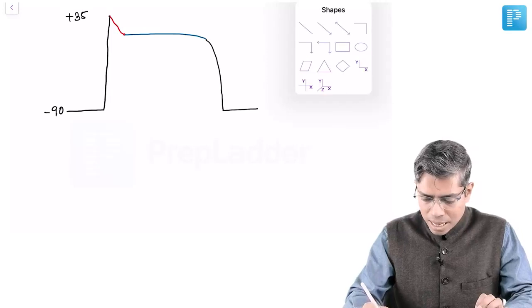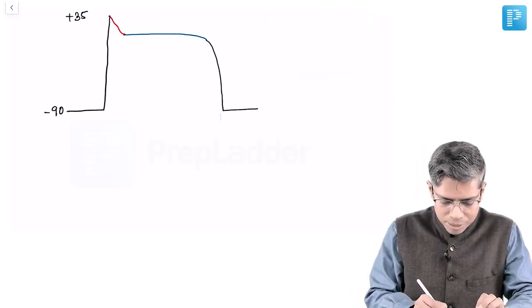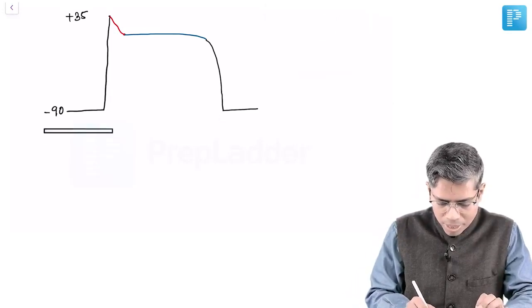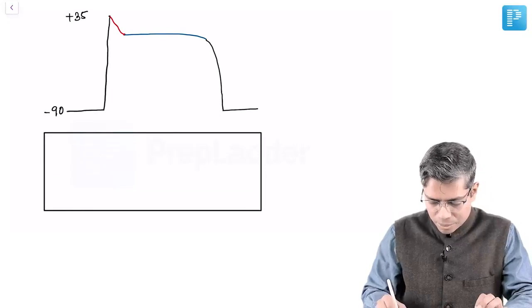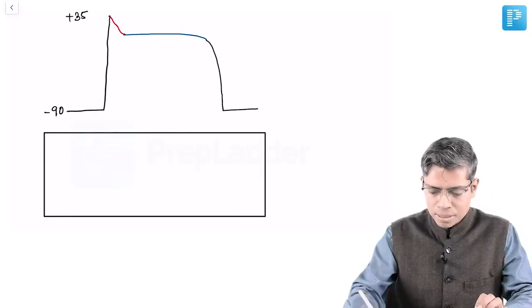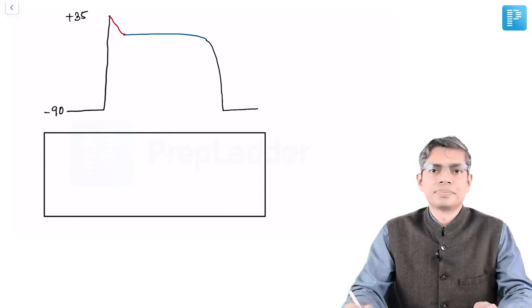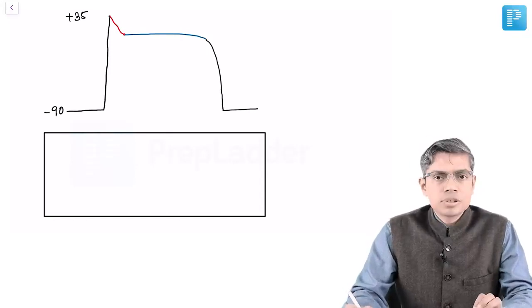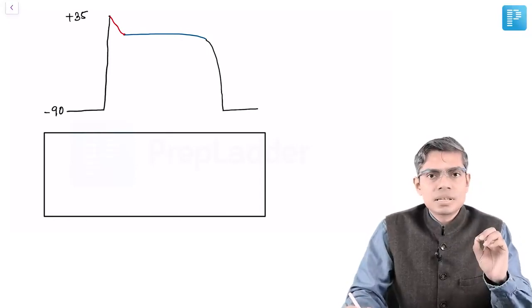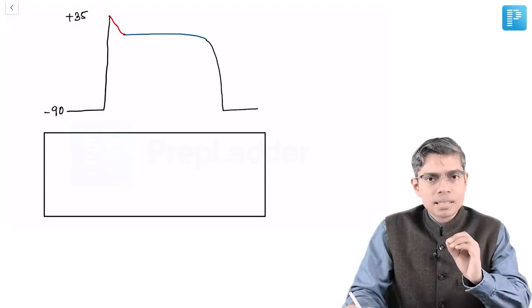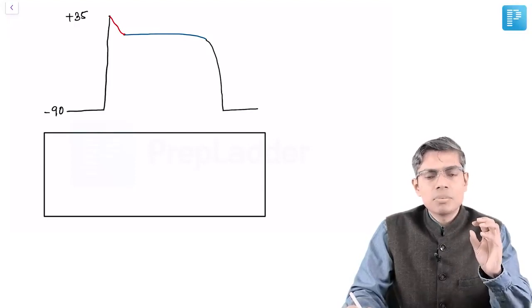Now to describe the ionic basis, I am drawing a myocardium cell just below this diagram. So this is a typical myocardium cell, right? We are going to discuss phases one after another and what is the ionic basis of those phases.